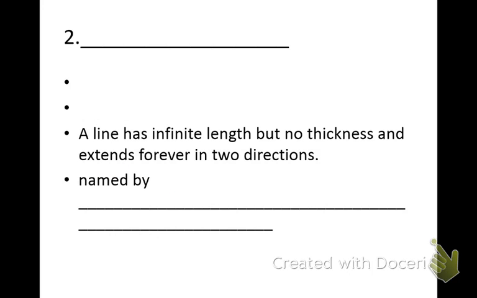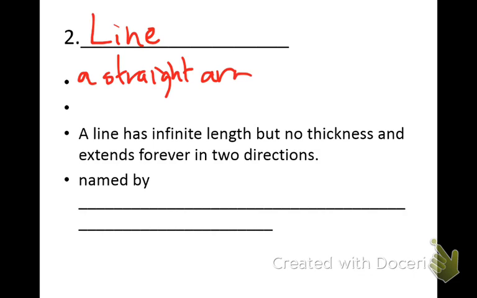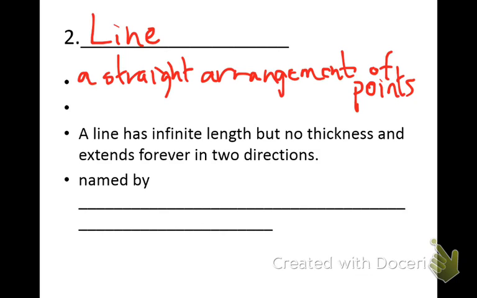The second undefined term is line. Definition of a line is a straight arrangement of points. A line extends forever in both directions.